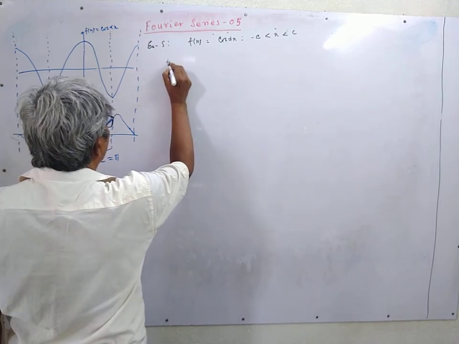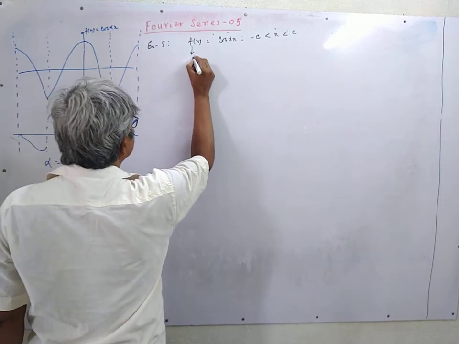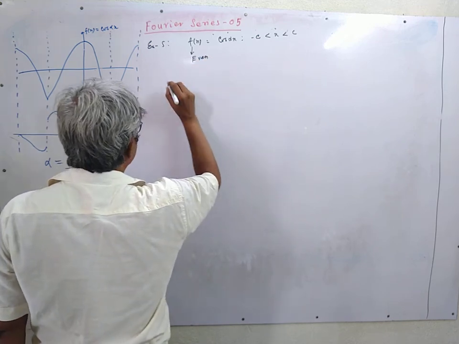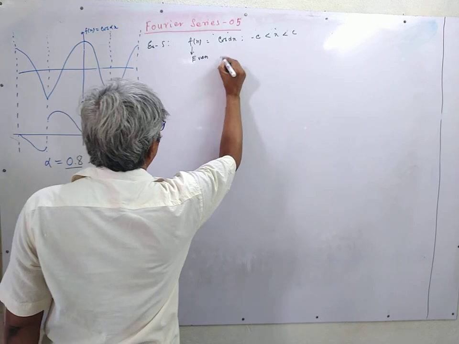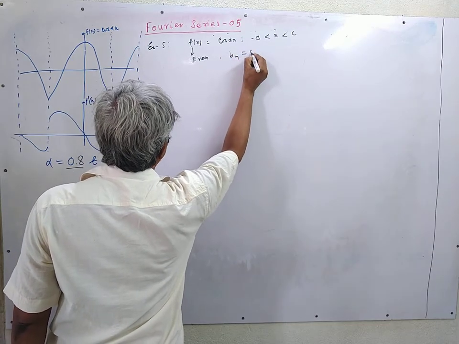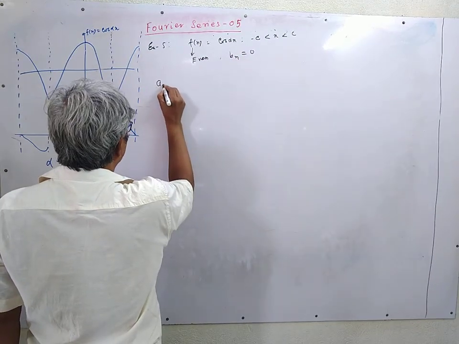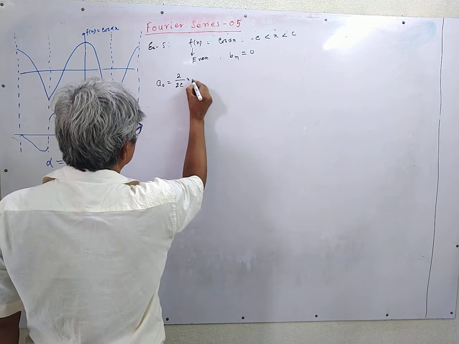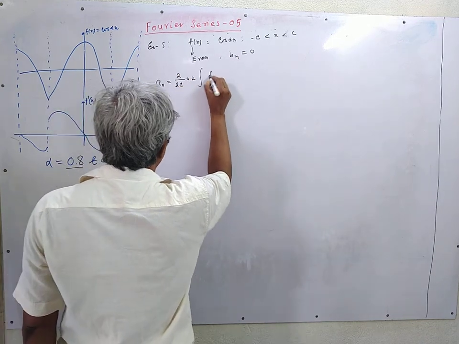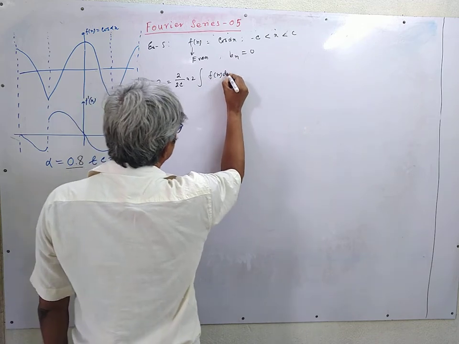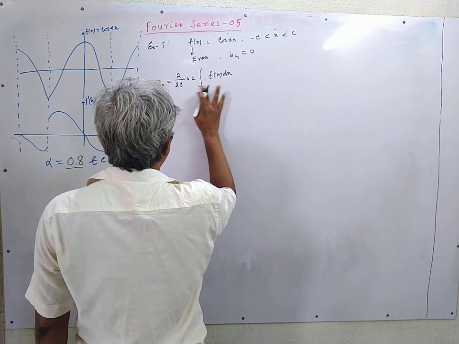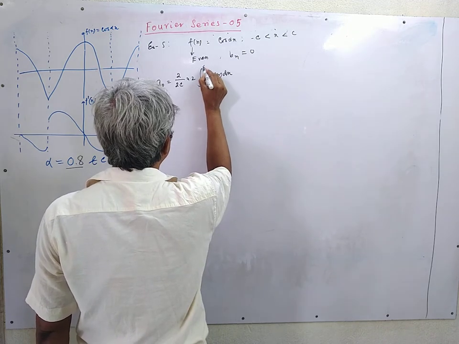So f is even, and we need to calculate only an. So the bn's are 0. a0 is defined as 2 upon 2c integral of f of x dx from 0 to c.